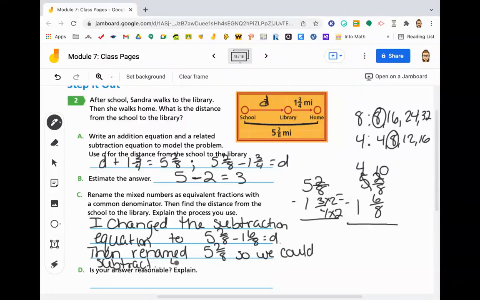So we have 4 and 10/8 minus 1 and 6/8 equals D. So then 10/8 minus 6/8 is 4/8, and 4 minus 1 is 3. So D equals 3 and 4/8. Then it asks, is your answer reasonable? Yes, because it is close to my estimate.